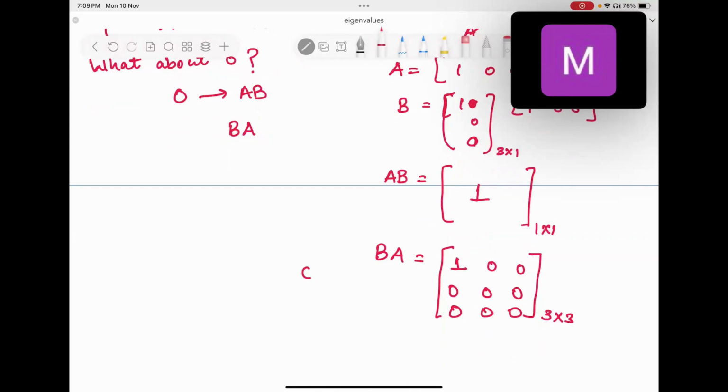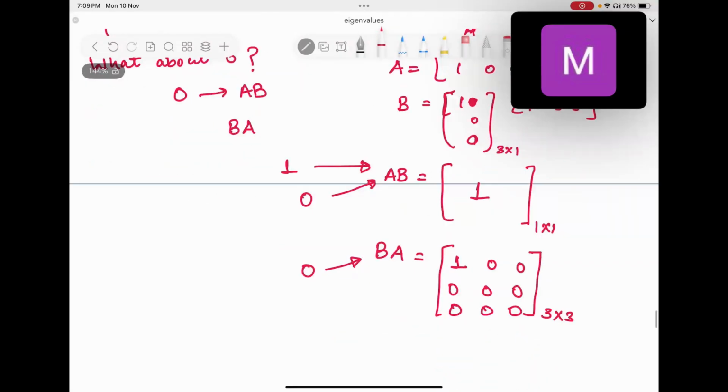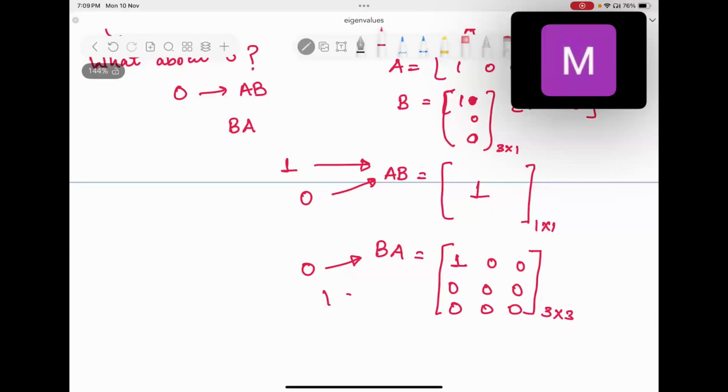So now 0 is an eigenvalue of BA, isn't it? But 0 is not an eigenvalue of AB. Now, the only eigenvalue of AB is 1. Right? I told you if lambda is non-zero and lambda is an eigenvalue of AB, then lambda has to be an eigenvalue of BA. So the same thing is happening here. 1 is an eigenvalue of BA.